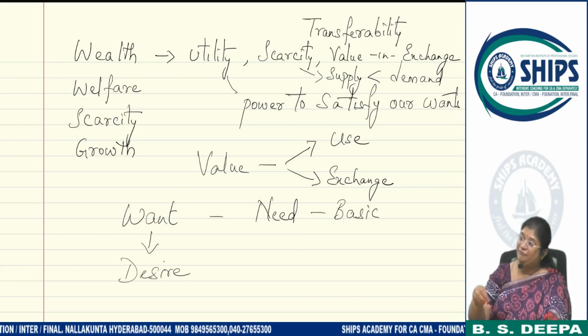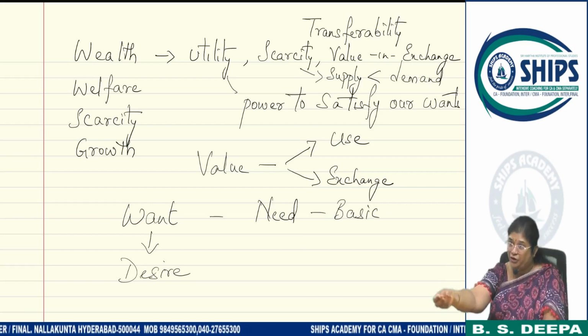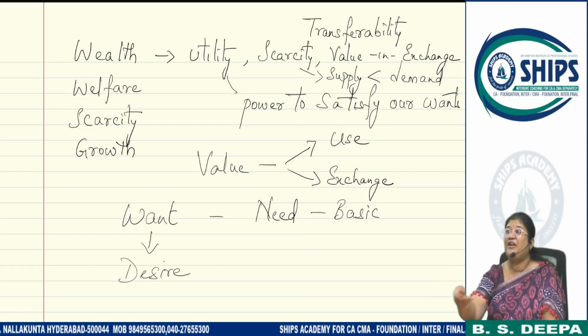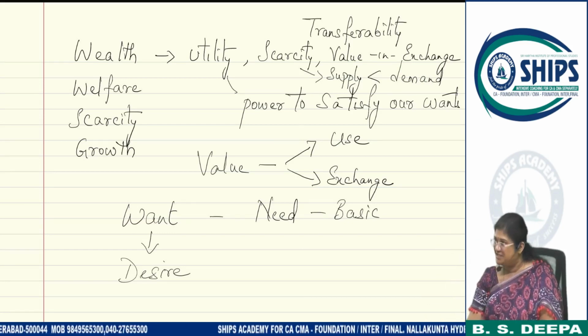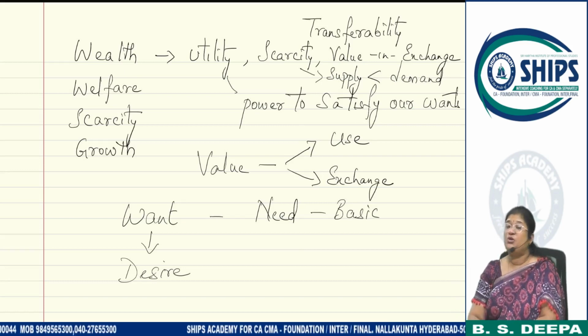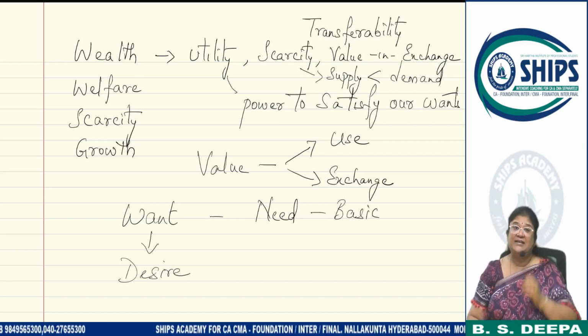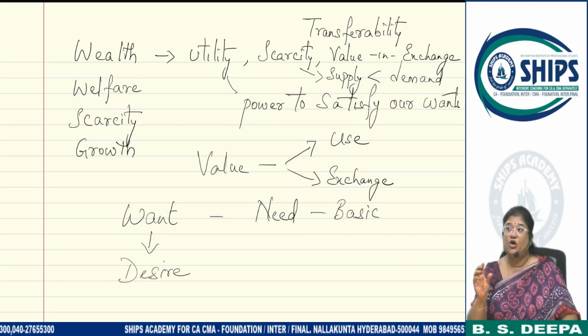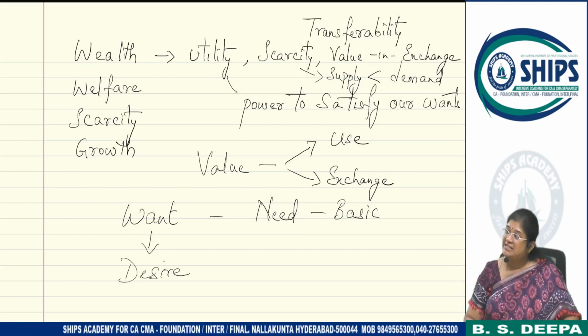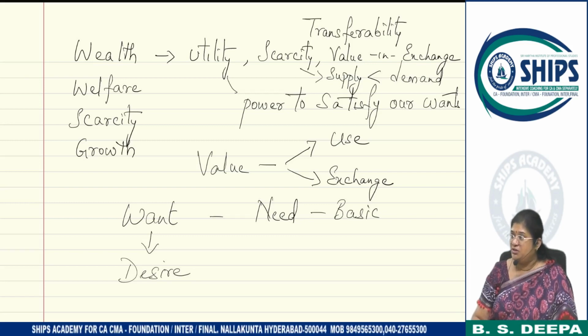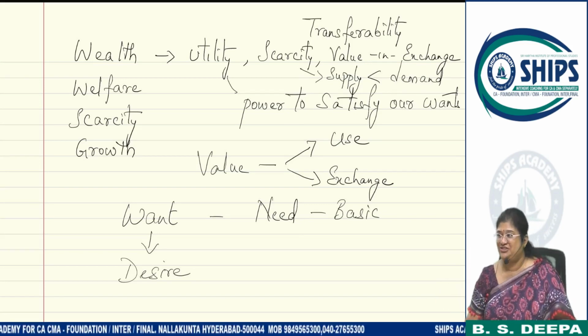That is why when you are selling that good, you are charging something from the person who is using it. Correct? So that is the reason why you find that they have some kind of cost involved in it. That is why economic goods, any good made by man, have value in exchange.